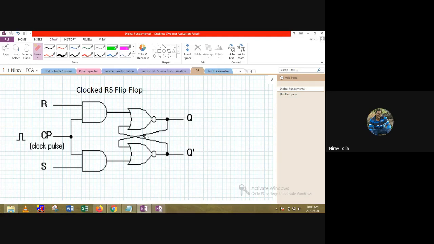Okay, so we have two states which we do not have an application for, either S and R 0,0 or S and R 1,1. It doesn't affect the output, because we have only two stable states for the SR flip-flop, which are known as the set state and the reset state.